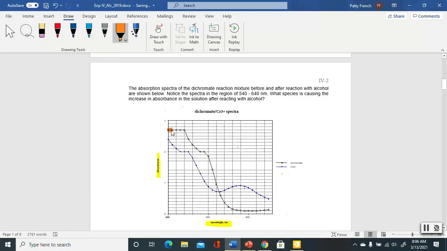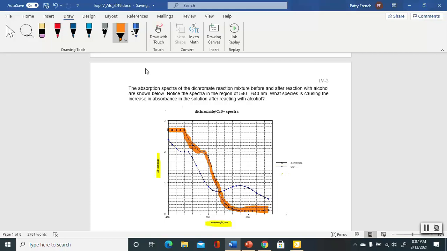The dichromate's absorption spectrum is around 2.7 at 400 to 460 nanometers, and then it drops significantly and steadies out around 2, and then it drops some more. So that by the time it's around 540, 560 nanometers, there's very little absorbance at all.